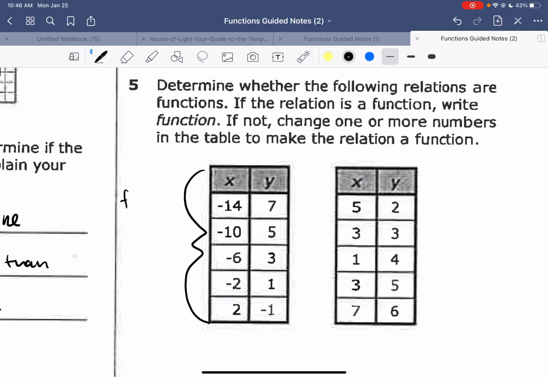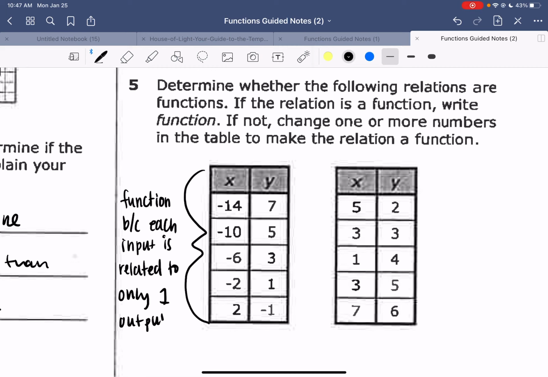So on this side, from here, we have a function because each input is related to only one output. So now let's check the second half.